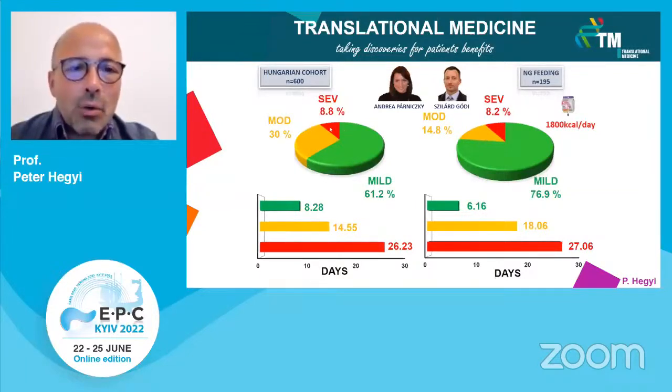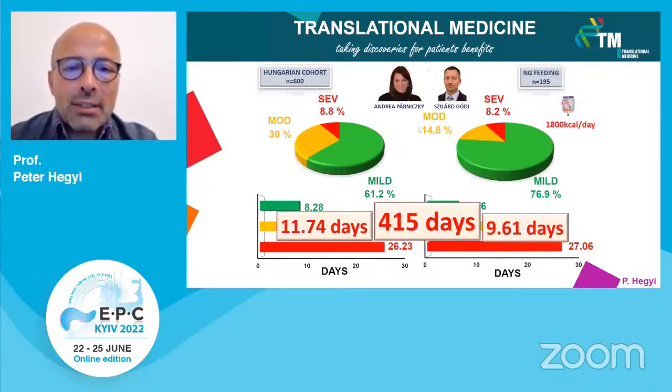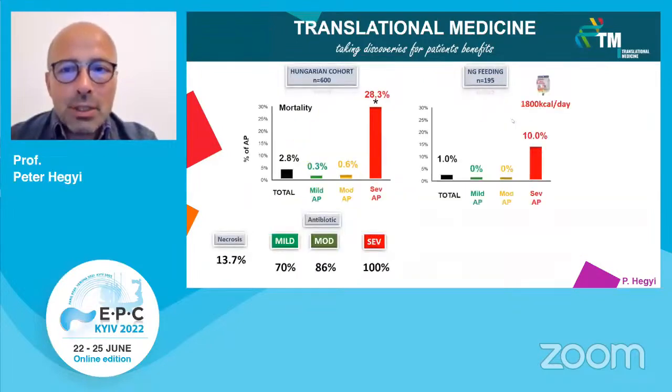Whereas in the Hungarian cohort, in those patients who get no energy in the early phase, the length of hospitalization was 2 days longer than in the other group where the patients receive energy. Actually, in these 200 patients, this could generate 415 days less hospital stay.